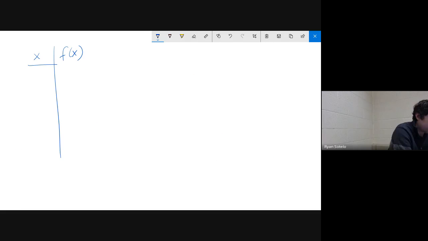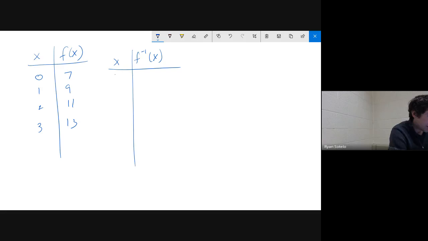Let's say I have a function with inputs 0, 1, 2, 3, and let's say the outputs are, I don't know, 7, 9, 11, 13. Okay, well, what do I know about the inverse function? It's going to be swapped. So if I have 7, 9, 11, and 13 as my inputs, I will get as an output 0, 1, 2, and 3.